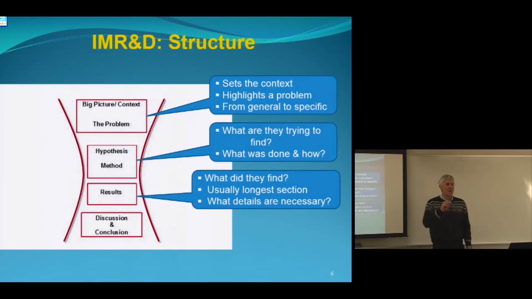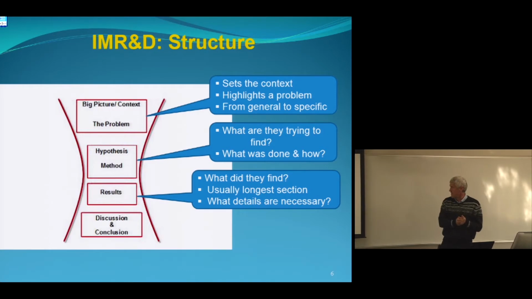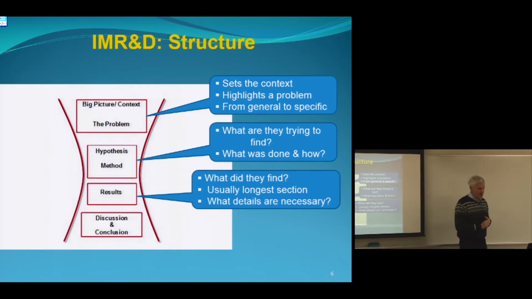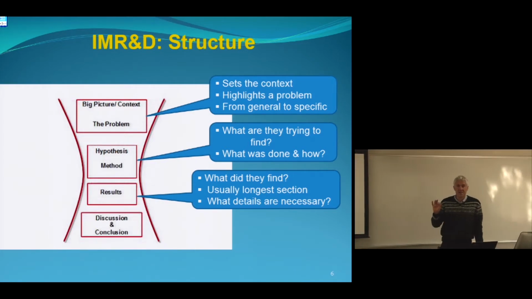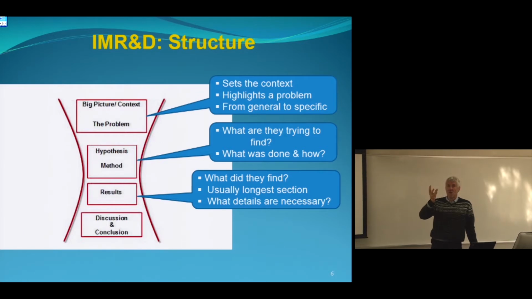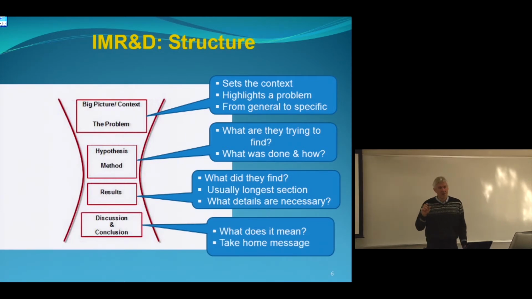You want to set out, we found that this was unexpected, or this was much larger than was previously expected to be. And usually this is the longest section of the paper. And it also gives the necessary details about how those results fit in a larger context. And finally, you allow yourself to discuss what these results mean.